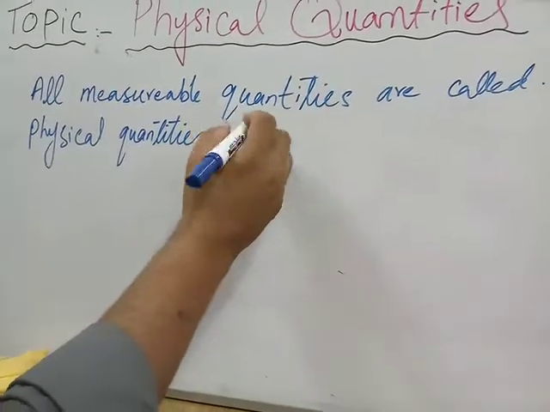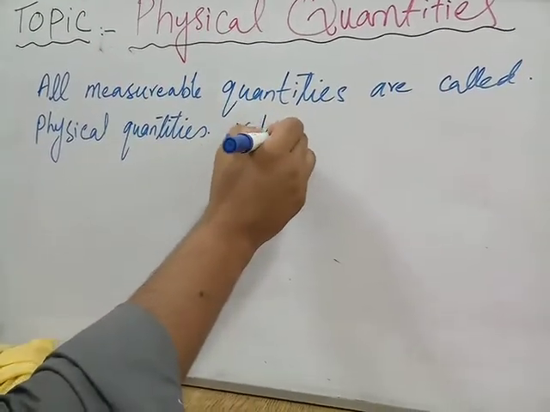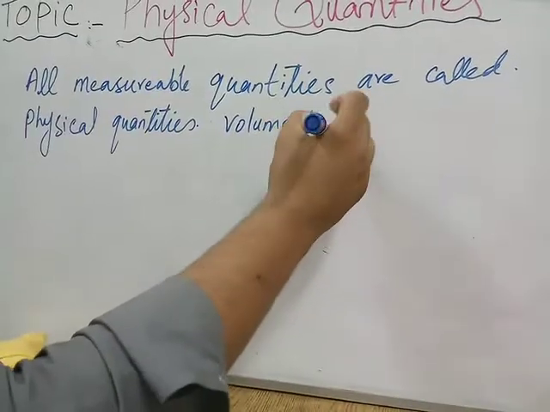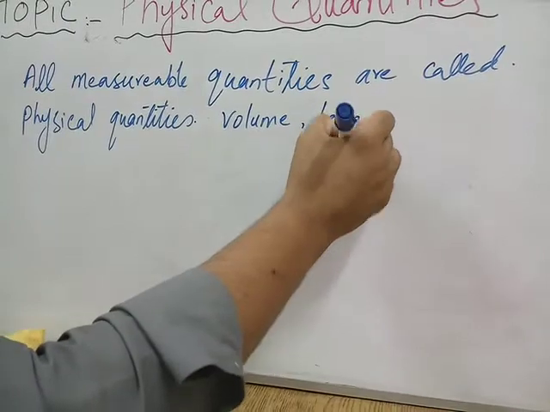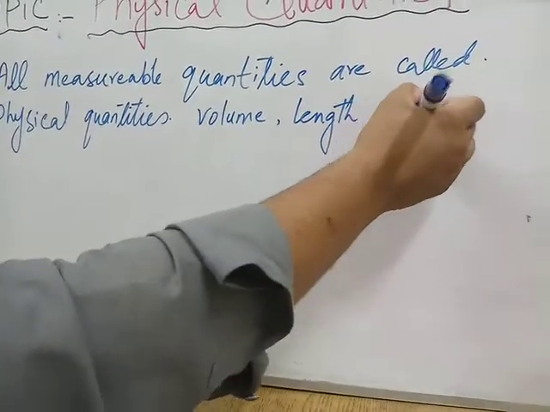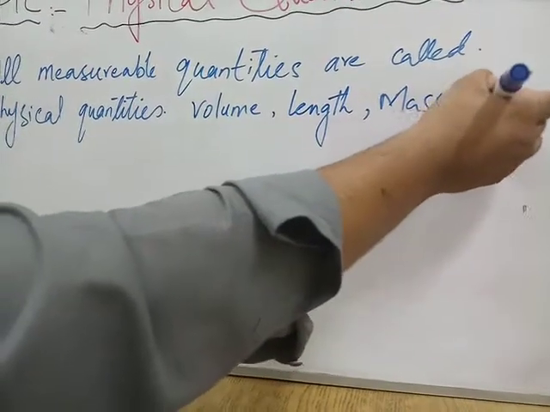Like volume, this is a physical quantity, this is a measurable quantity. Length, this is also a measurable quantity. Mass of the object, this is also a measurable quantity, and so on.